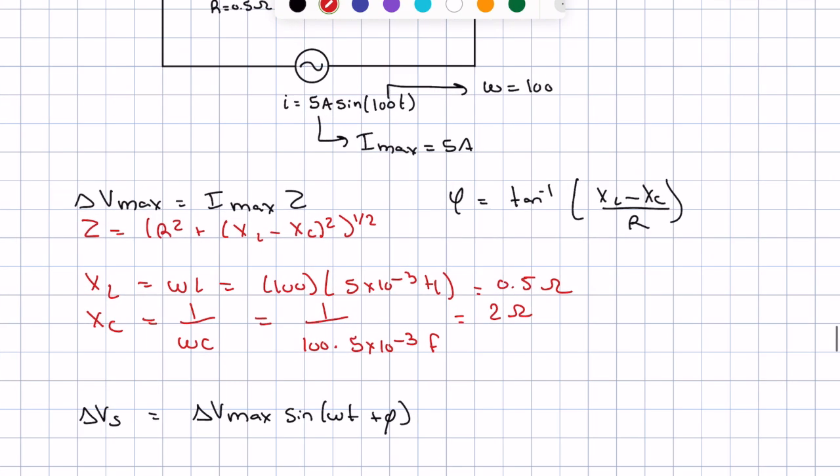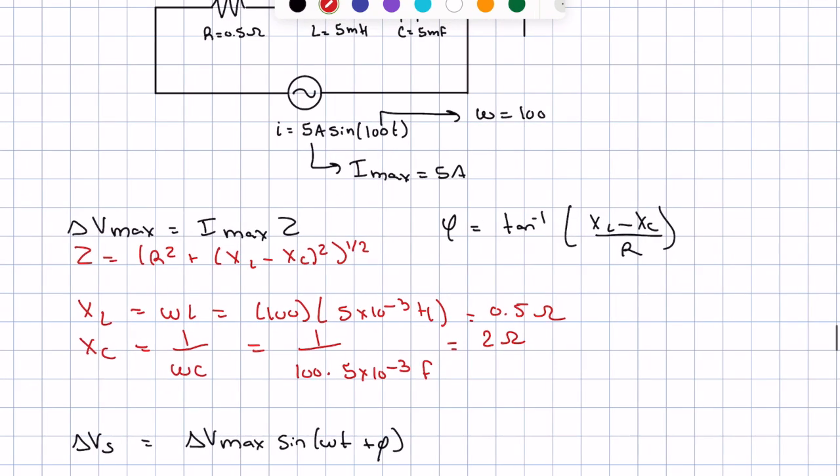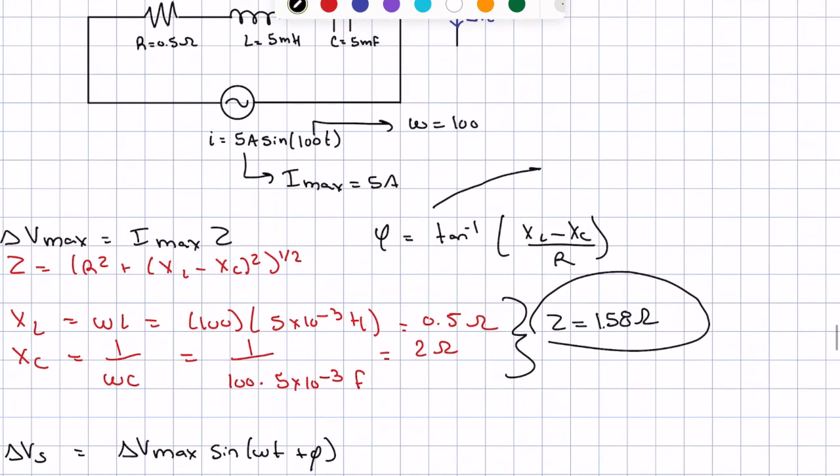Okay, so we know XL, we know XC, we know R, the resistance. Plug all that in together, and you get Z is equal to 1.58 ohms. So you have a value for the impedance. We can also plug in our numbers to phi, the phase: inverse tan of XL, 0.5 ohms, minus 2 ohms, divided by 0.5 ohms.